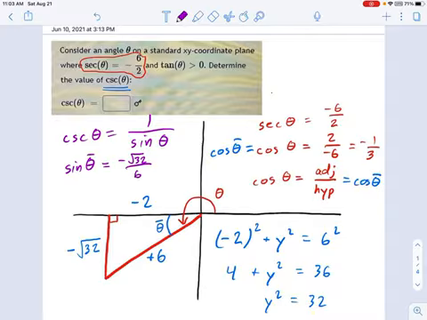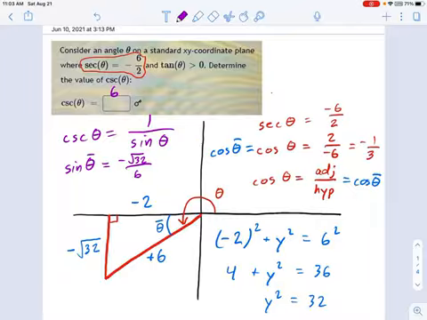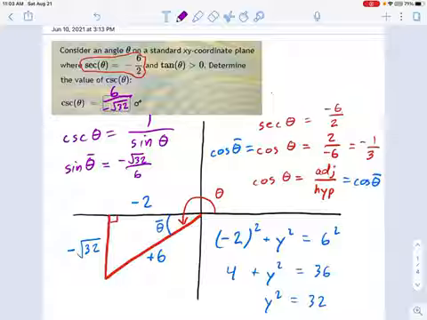So when you figure out the cosecant, you just flip that over. This is going to be 6 divided by negative square root of 32. And if you want to simplify that fraction, bring the negative sign up, cross some terms out, fine. You can just write it 6 over negative root 32, or you can simplify it.